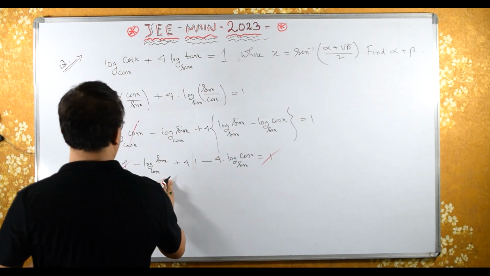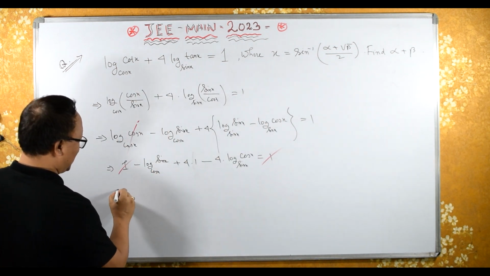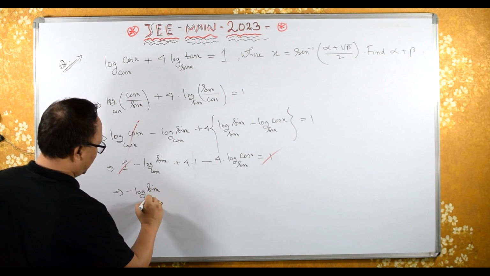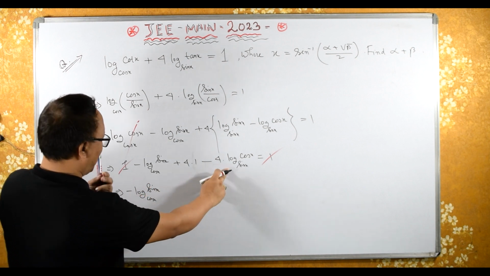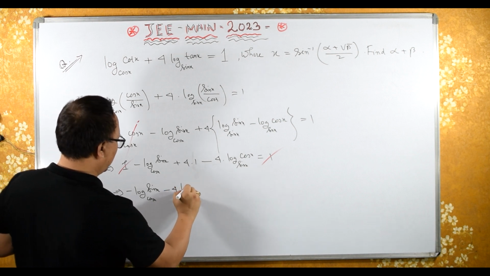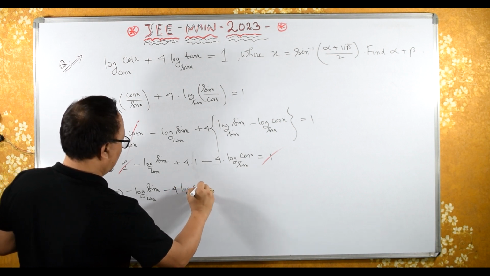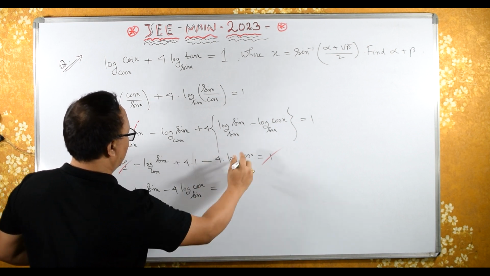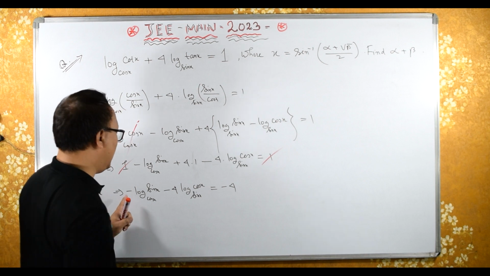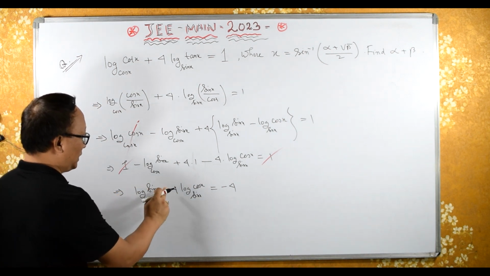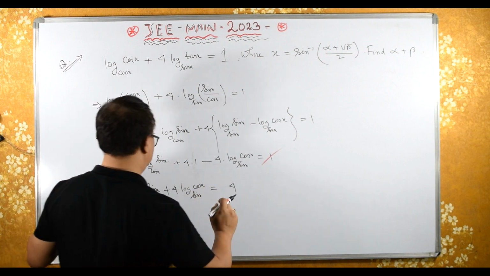What we have is this can be written as minus log of sin x to the base cos x here. Okay, and let's bring here minus 4 log of cos x to the base sin x is equals to here minus 4. Okay, if I multiply minus on both sides, so all become plus over here. This become plus, this become also plus.